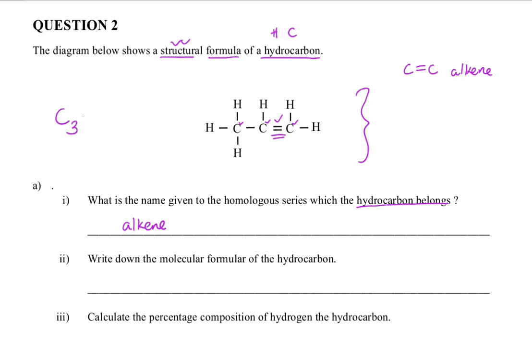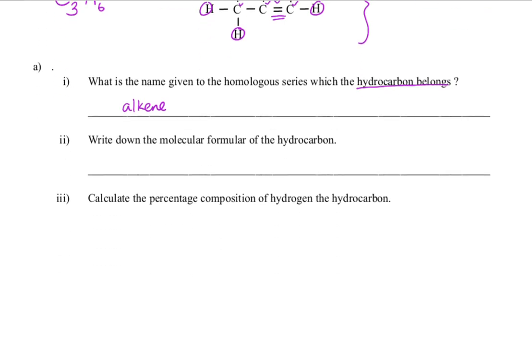Then as well we have hydrogens, 1, 2, 3, 4, 5 and 6. So we have C3H6. So C3H6 is our molecular formula.